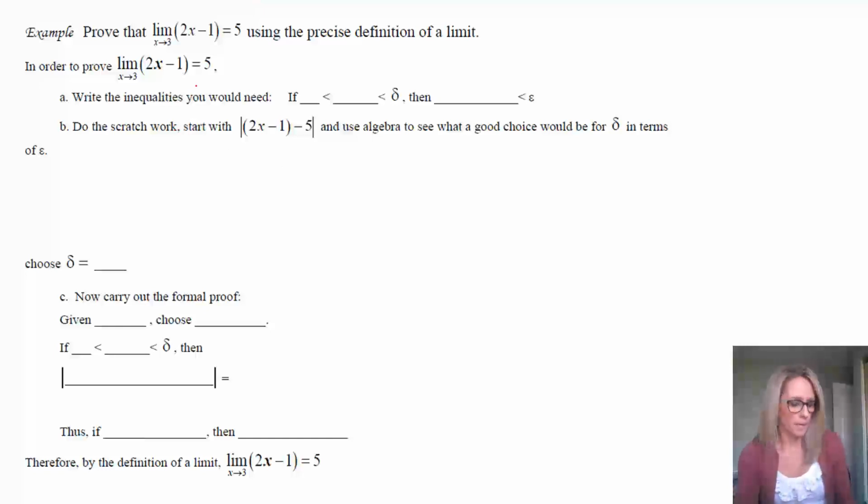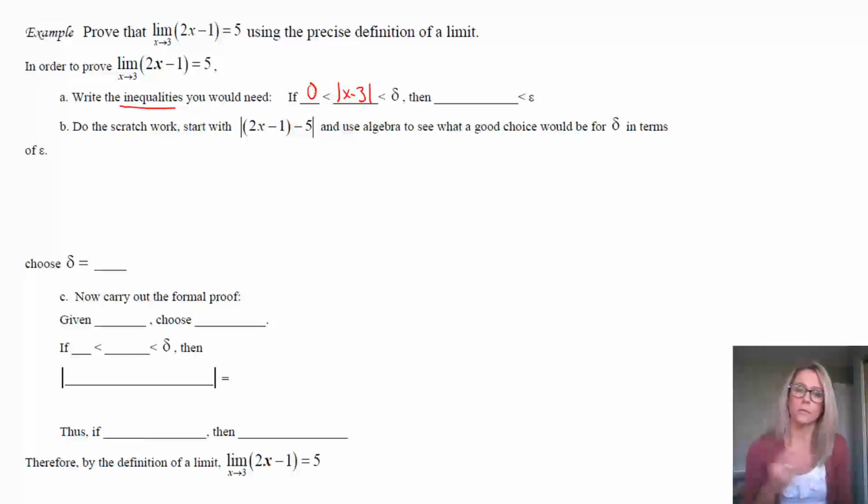So here are the steps that we need. We're going to first start writing the inequalities we would need. And what you want to remember is that we want to be close. Every time we're close in the x direction, we want to be close in the y direction. So we're always going to have the absolute value of x minus whatever the x is that we're approaching, so in this case x minus 3.